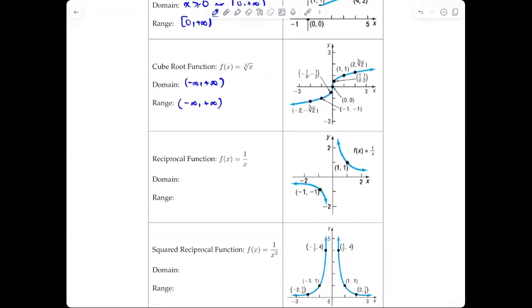The next function is the reciprocal functions. Right. So for the reciprocal function, this is a fraction, as you can see. So the denominator has to be different from 0. So the domain is x different from 0. But in terms of the notations, interval notation, you can write this as from negative infinity to 0, union with 0 to positive infinity.